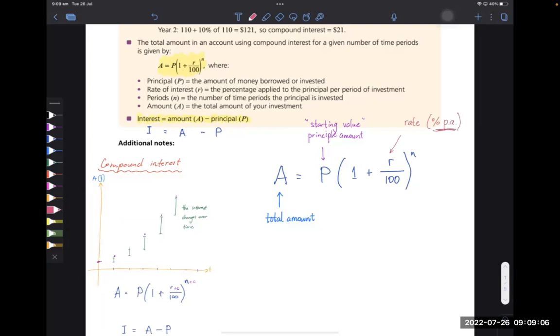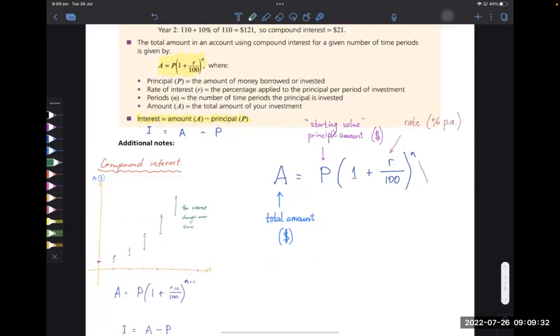So that's what's covered there. For the amount and for the principal, the units for this will be in dollars. Dollar sign. So just remember that if they ask you to find any of these, if you write your answer, you must put the dollar sign as well.